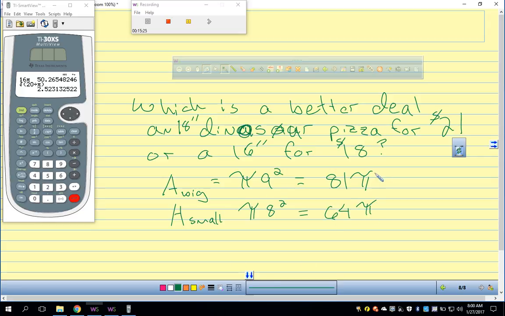So now we want to figure out who's getting more inches per dollar. We're going to take this guy and divide by 21, and take this guy and divide by 18.